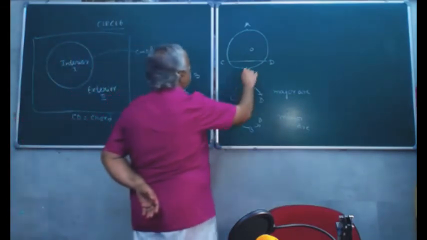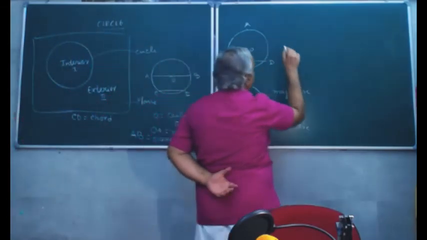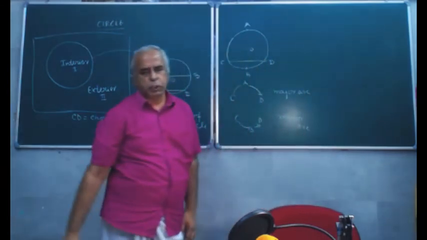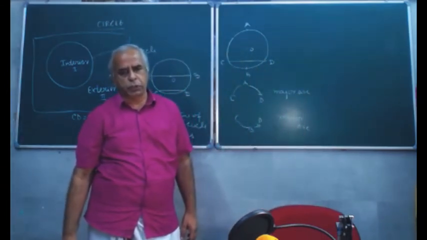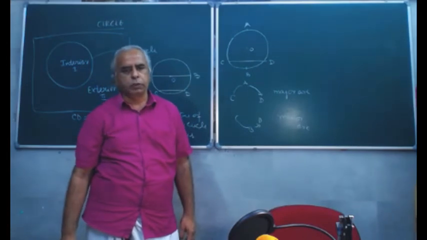The length of the complete circle is the perimeter, that is the circumference.